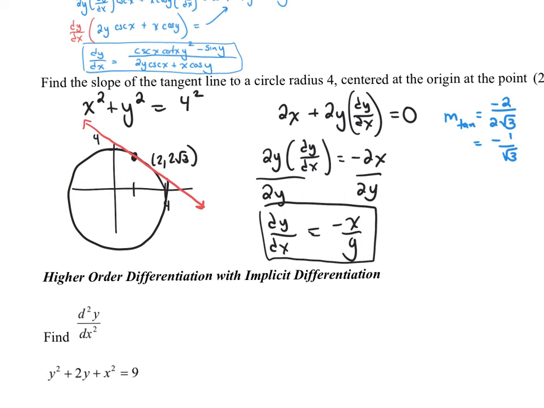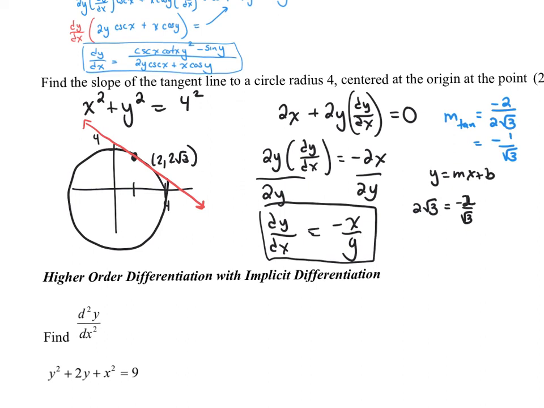So now I have to solve for my y-intercept. If I need to find the b, I can use y equals mx plus b. So y is 2 radical 3 equals m, which is negative 1 over radical 3, times x, which is 2.